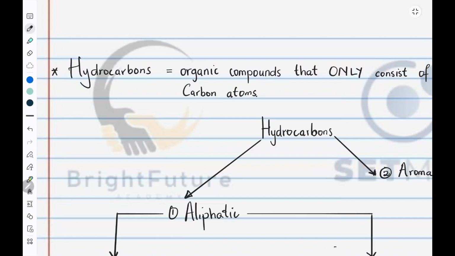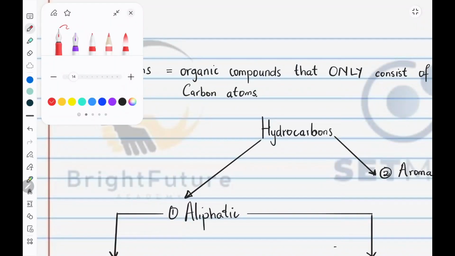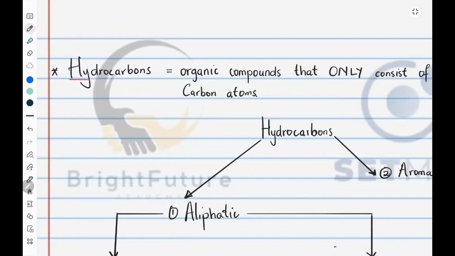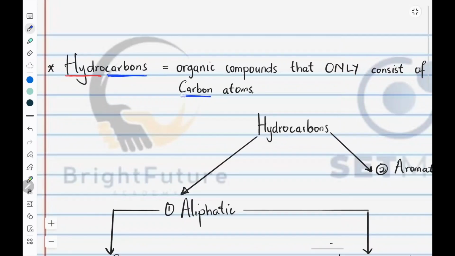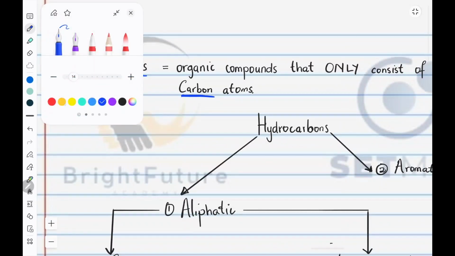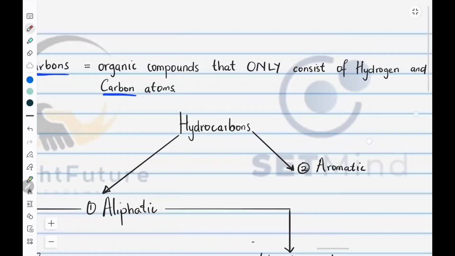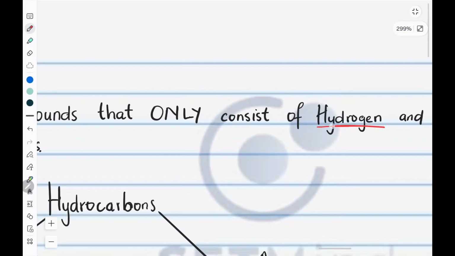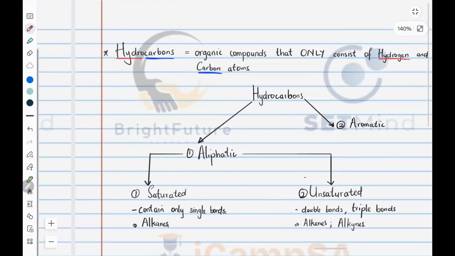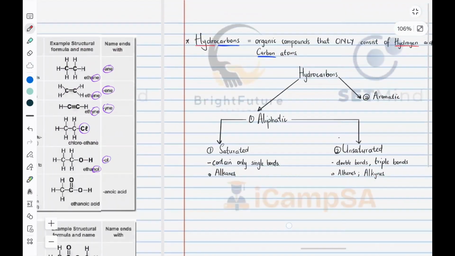So if you check here, we have this hydro, and then we have carbons. So it's carbon and hydrogen. That's what we mean by hydrocarbons. Only carbon and hydrogen, nothing more, nothing less.